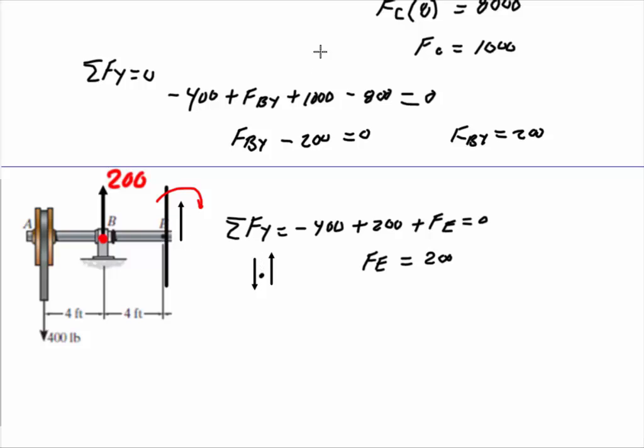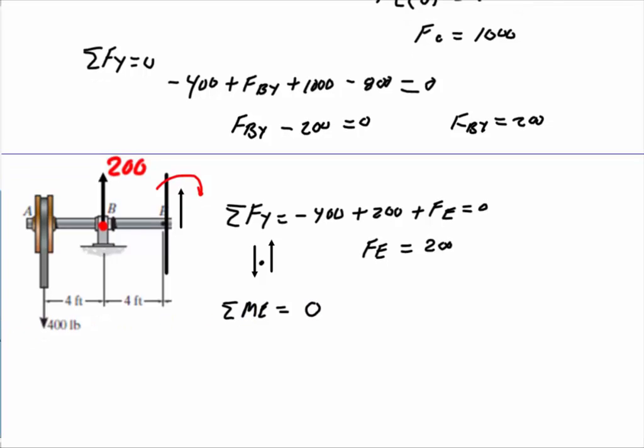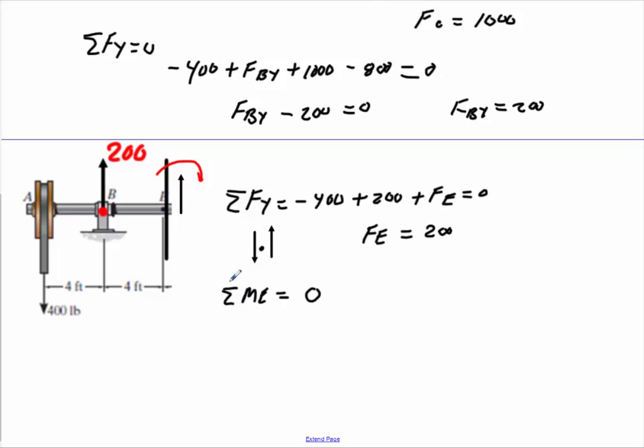Okay, now to find the moment at E. To sum the moment at E, I set that equal to, again, 0. Okay, and when I do that, all I have to do is sum the moments. I'll have 400 here times this moment arm, which is 8.